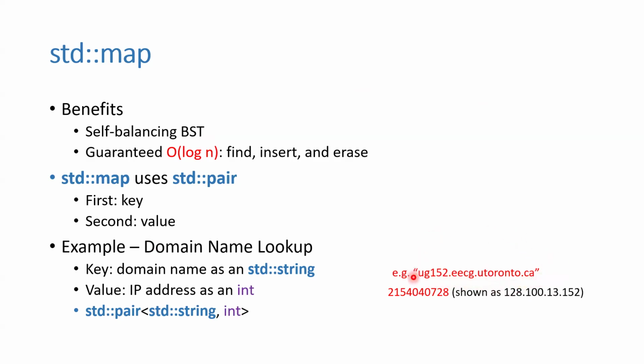It will ask the domain name server, I have this string. Can you tell me which IP address I should actually be going to? Inside the domain name server, it will look up the string and return the IP address as an integer. So it's a binary search tree that stores strings as the key and integers as the value.